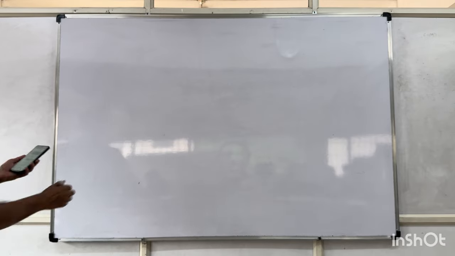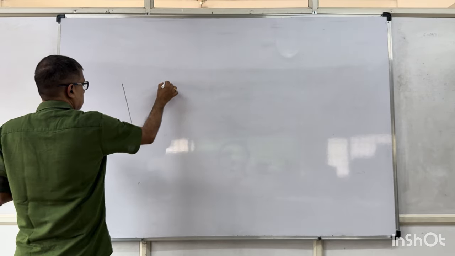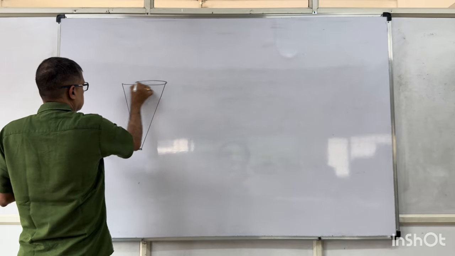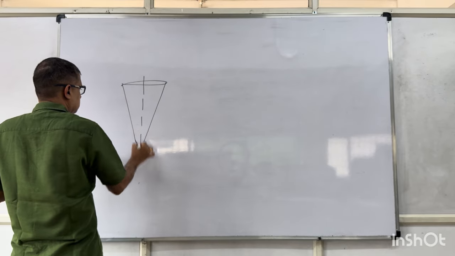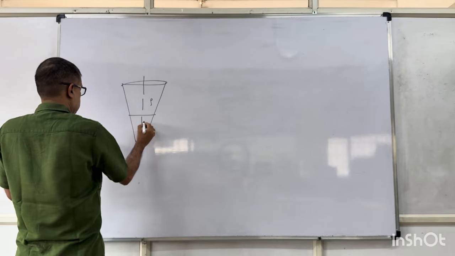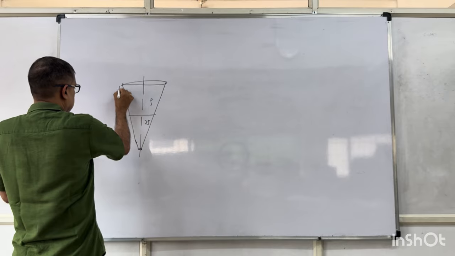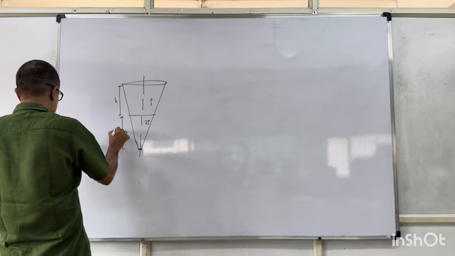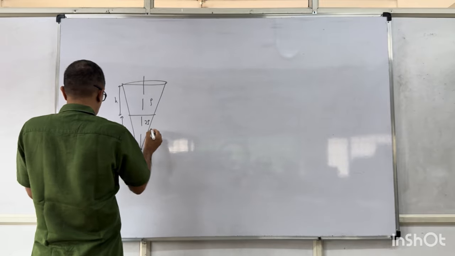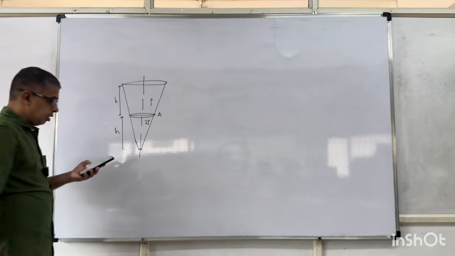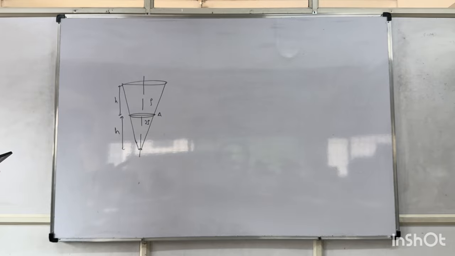Now listen. This is of height h. This is of height h, 2 rho. This area of cross section is A. Two immiscible liquids are filled in a conical flask as shown in the figure.